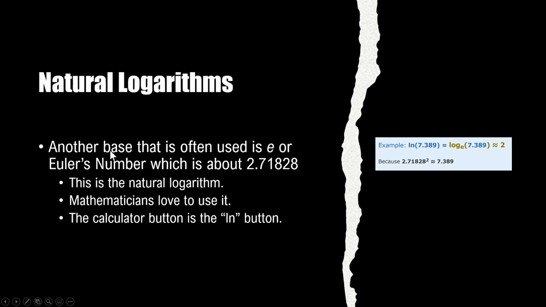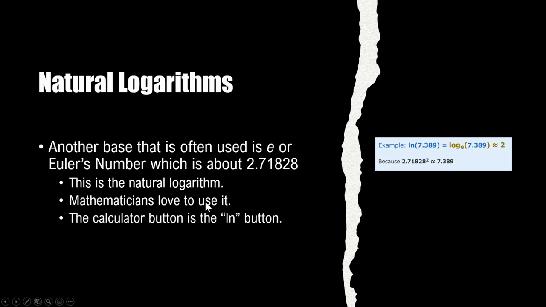All right, natural logarithms. Another base that is often used is e. If you remember from the other day, we had to type e into our calculator or into Desmos. This is Euler's number, which is about 2.71828. Now I'll be honest, I look at it and think, oh, that's Euler's number. No, it's Euler's number. Pronunciation is how it is. This is the natural logarithm.